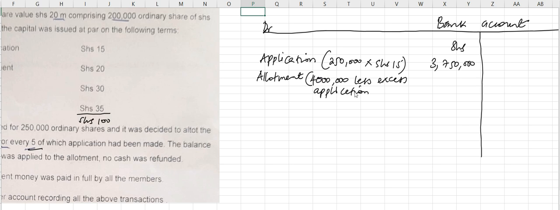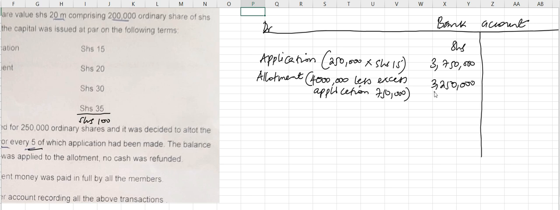So the company received 750,000 excess. So on allotment, we are going to record 4 million less 750,000. That is 3,250,000. That's the allotment money.